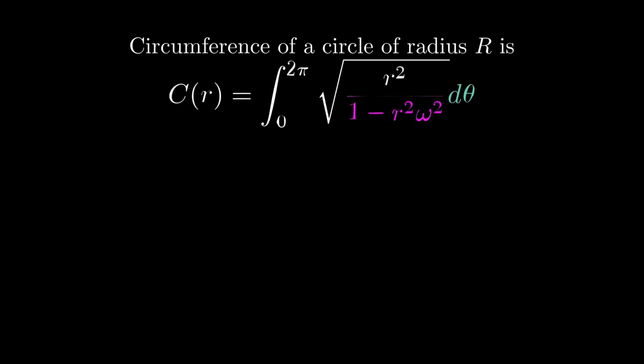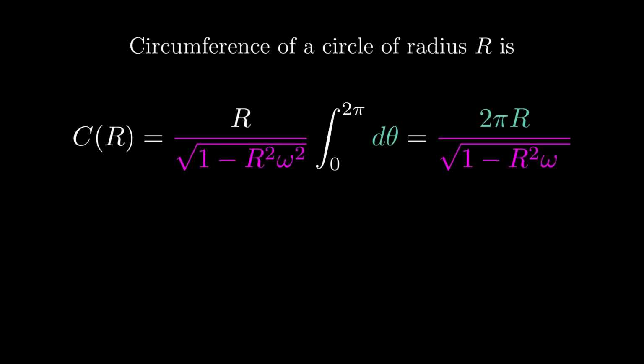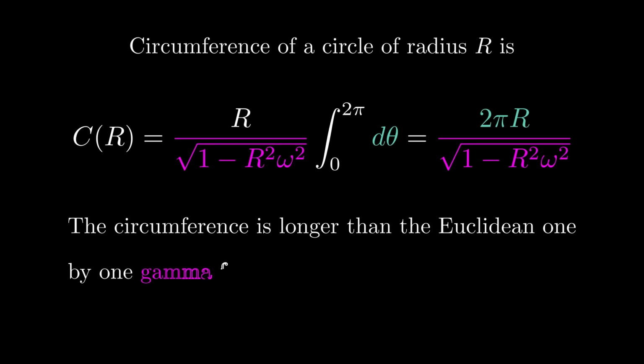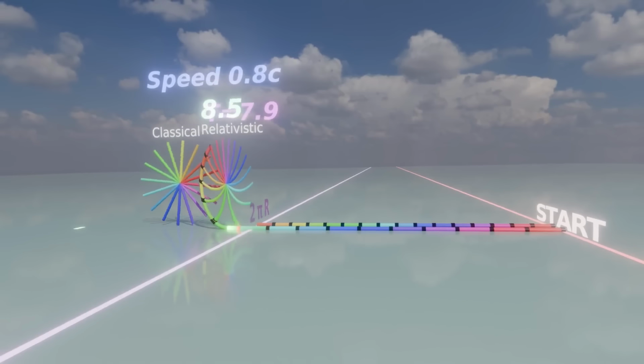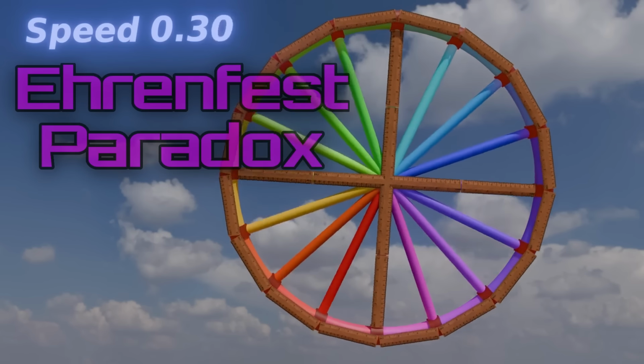The constant factor comes out, leaving a trivial integral, and we find that, indeed, the circular path is longer than in Euclidean geometry by one gamma factor, where gamma depends on the tangential velocity. Similarly, it is easy to see that the radial distances are unaffected by the rotation. This all confirms what we found out when studying the Ehrenfest paradox in the previous video.